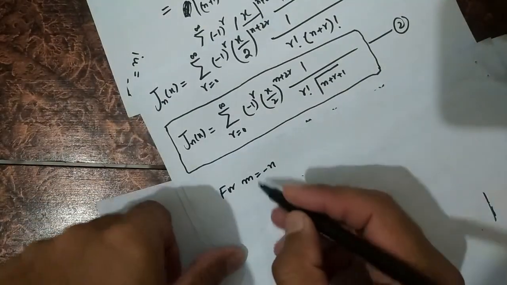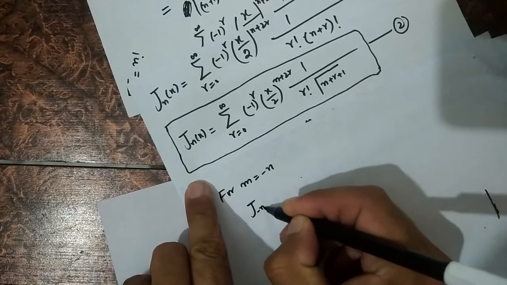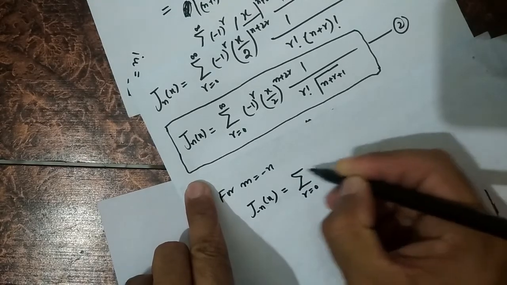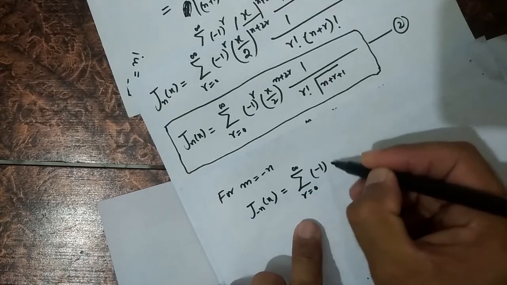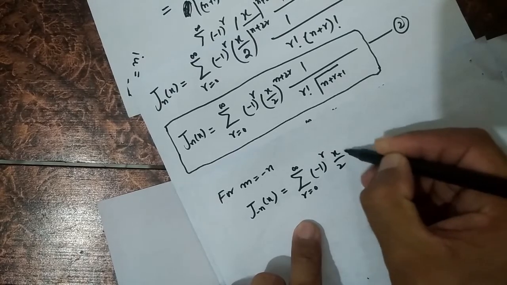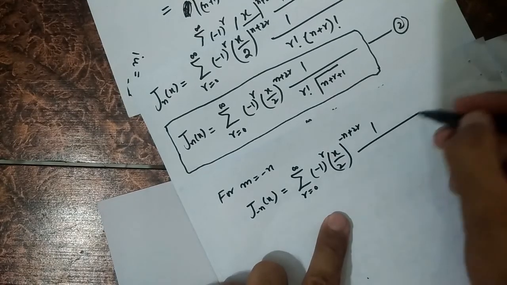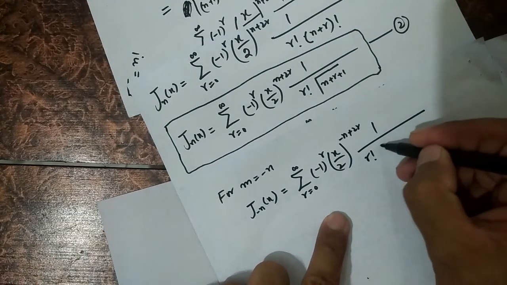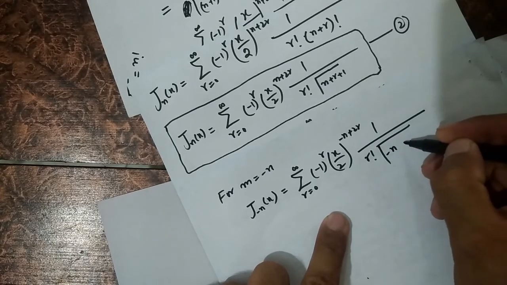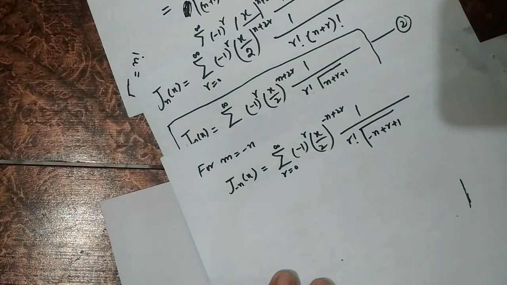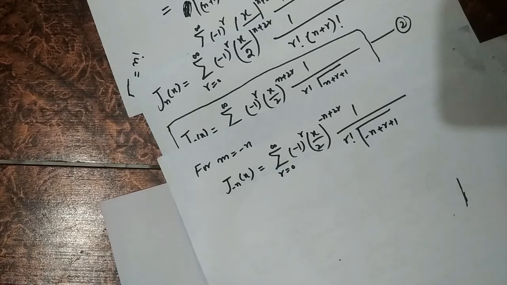Clear? So let me write it here as J negative n of x is equal to summation from r equals 0 up to infinity of minus 1 to the power r, x over 2 whole to the power minus n plus 2r, into 1 upon r factorial into gamma of minus n plus r plus 1. Clear? So this is for m equal to minus n.